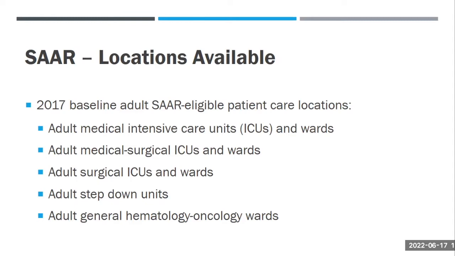So benchmarks that are available would include adult medical ICUs and wards, adult medical surgical ICUs and wards, adult surgical ICUs and wards, step-down units, and then general hematology oncology wards. So we have a fairly wide degree of specific locations in order to provide more relevant benchmarking to the unit that you may be working on.